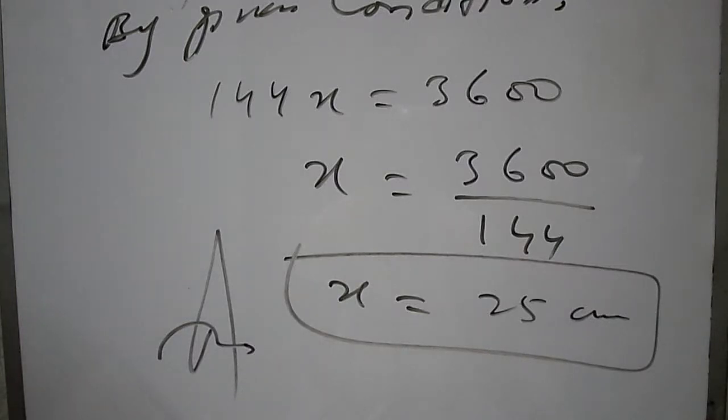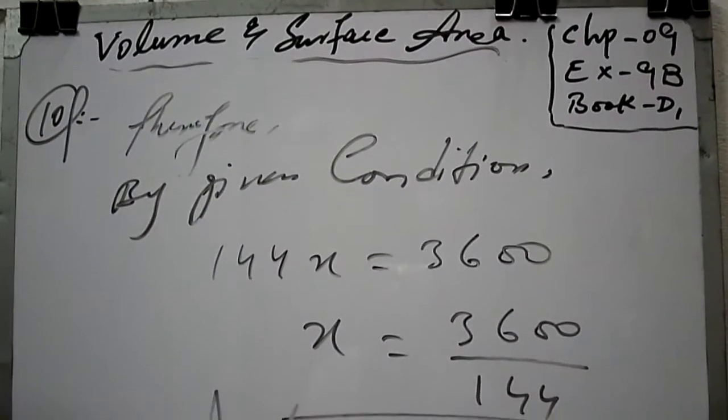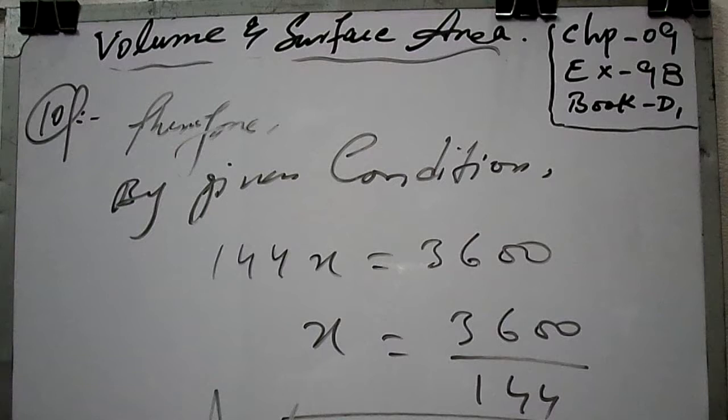Similarly, coming to question number 11. The cross section of a drain is a rectangle 30 centimeter wide. If water 3.5 centimeter deep flows along the drain at a rate of 22 centimeter per second, how many liters of water will flow through it each minute?